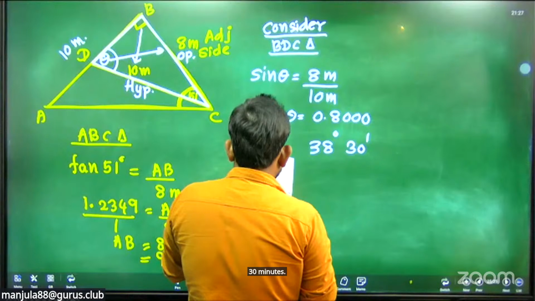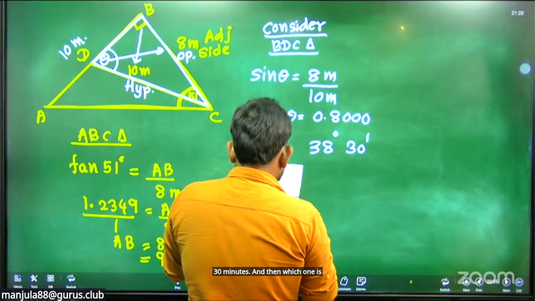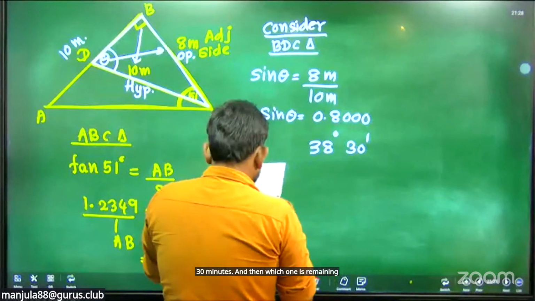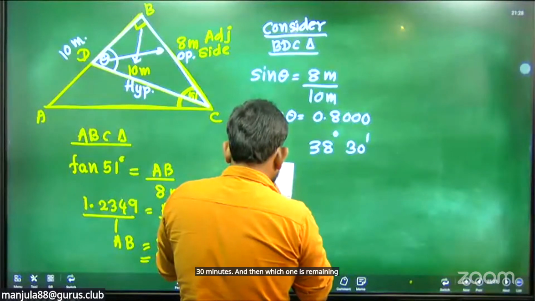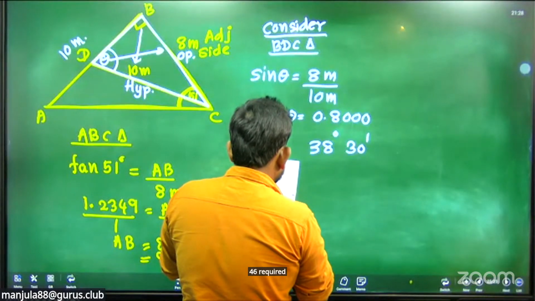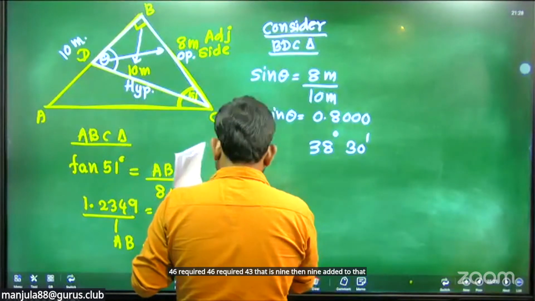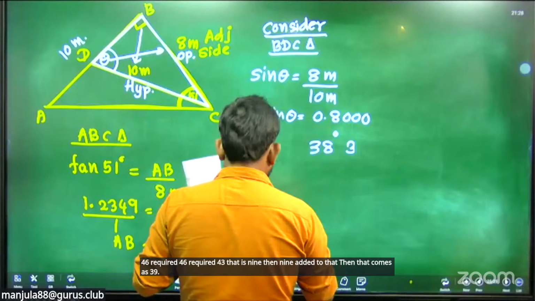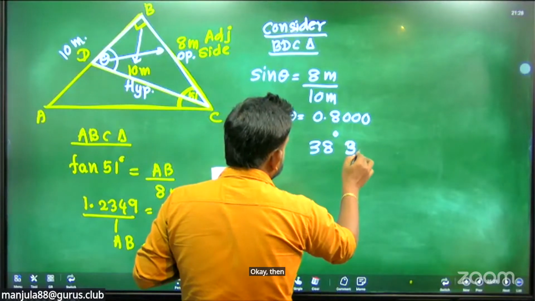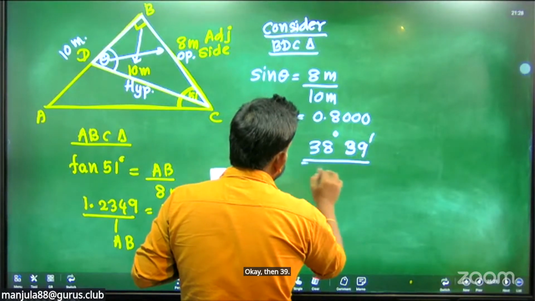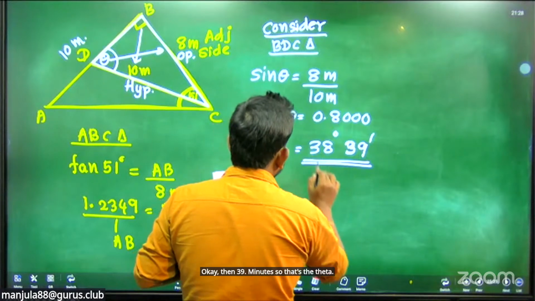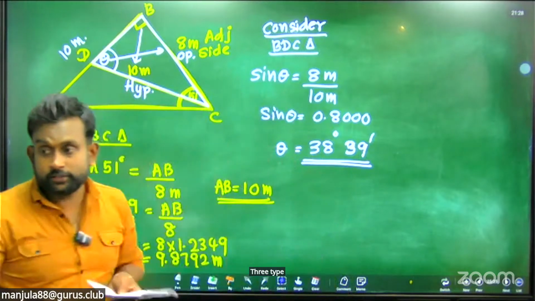And then which one is remaining? 46 required, 43, that is 9, then 9 added to that comes as 39. Okay, then 39 minutes. So that's theta. Theta equals 38 degrees 39 minutes.